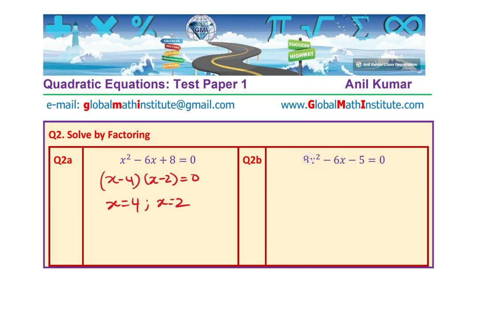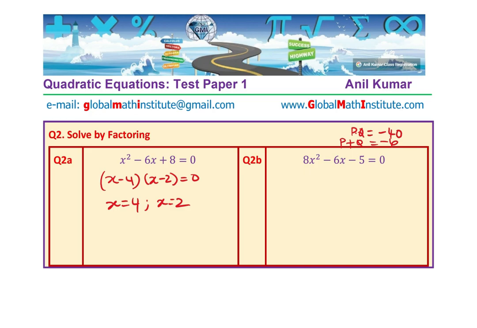The next one, we want product of 8 times 5, which is 40, and we want sum of minus 6. So we are looking for product of two numbers, p and q, as minus 40, right? And sum p plus q as minus 6. So what could be those two numbers?